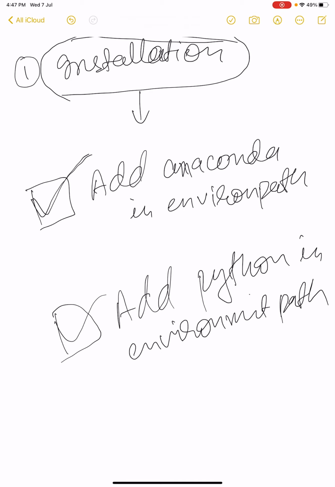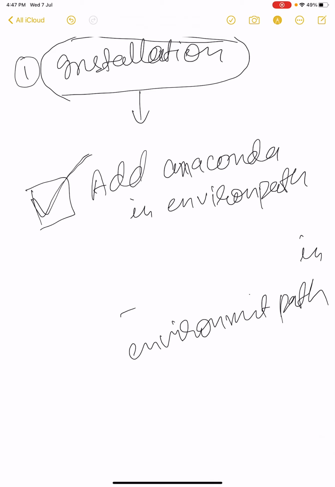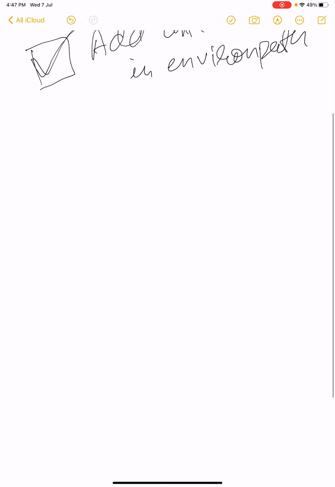Now, if you want to cross-check whether you have installed Python or Anaconda perfectly or not, you just have to open your command line. There's a shortcut key, or else you can search for CMD.